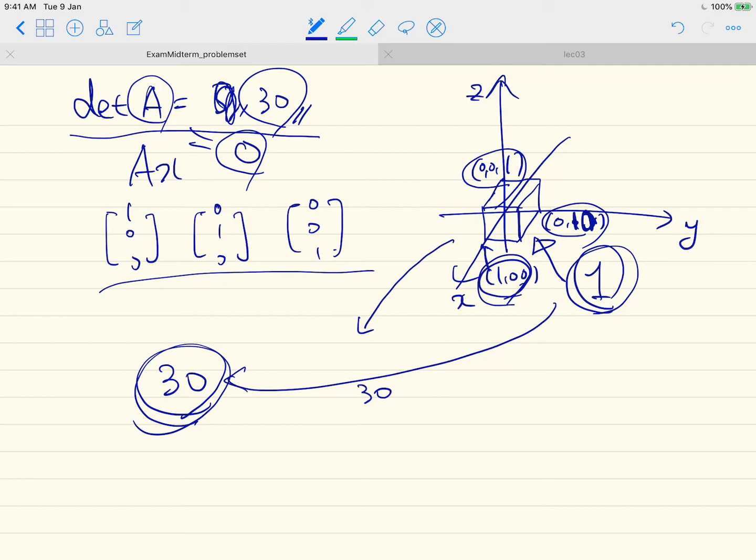So in this case, the volume is really becoming a kind of flat parallelogram, and so the volume becomes 0, right? That way, we can also think of this determinant as the ratio of the resulting volume compared to the input volume.